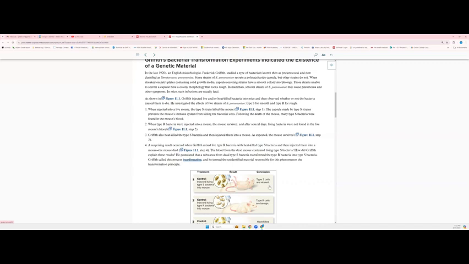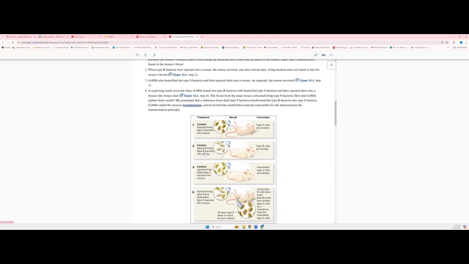Then he concluded that this S type of pneumococcal must be virulent, which means it kills the animal. And then he injected the other type, R pneumococcal, into mice. He found out the mice were alive. So he thought R must be different from S. R is benign, which means friendly, not that toxic.